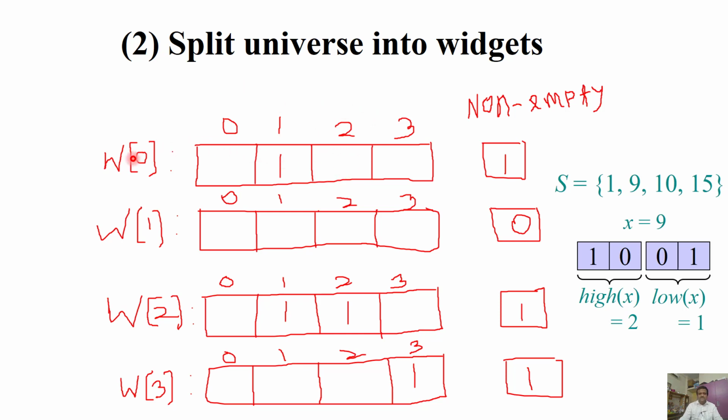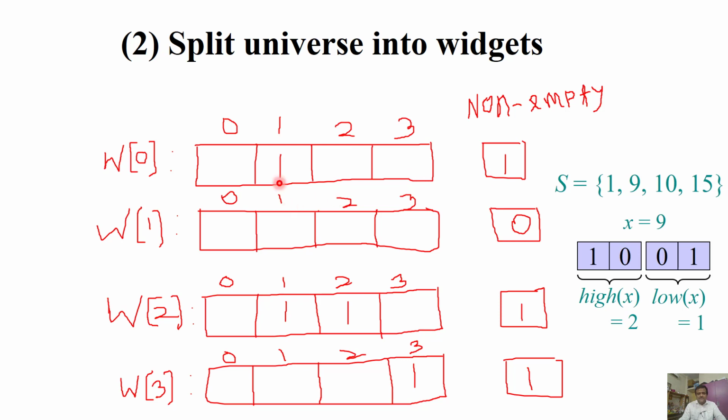So x equal to 2, the position in this array is here. Now we are finding the successor of this. First, we find the successor of x after low of x in that widget. But here we have 0 over here, so there is nobody after it.